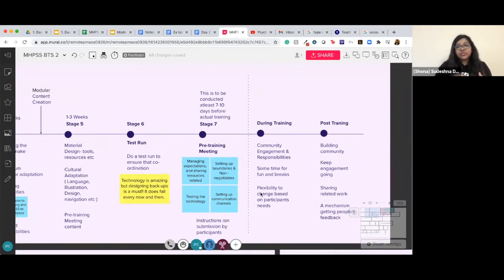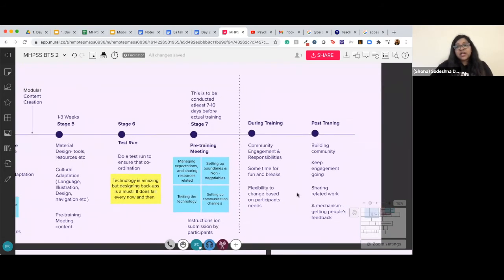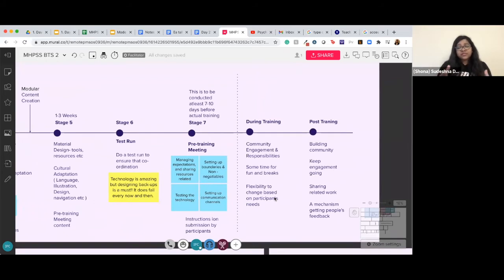And then during the training, we also try to incorporate a lot of community engagement and responsibilities, which allowed the participants to take up different roles throughout the days. And we were quite flexible. We had a wonder wall and people shared in their comments, and we changed the schedules a lot based on that.